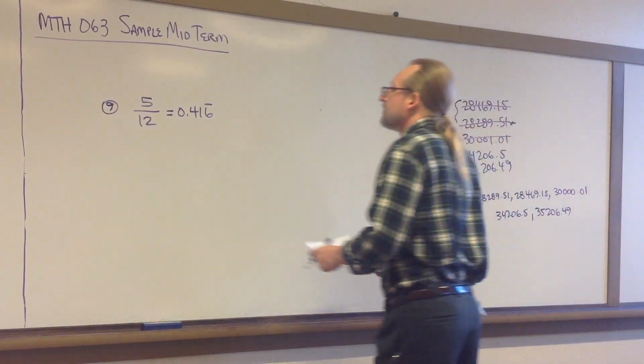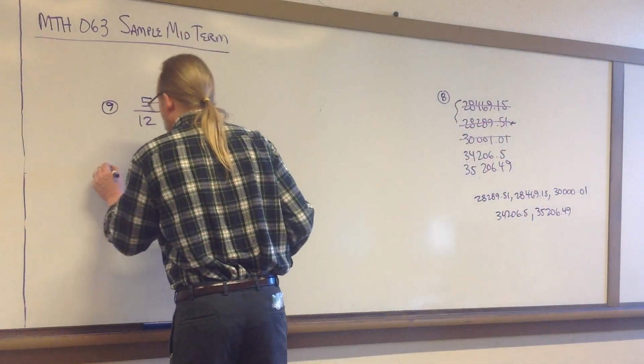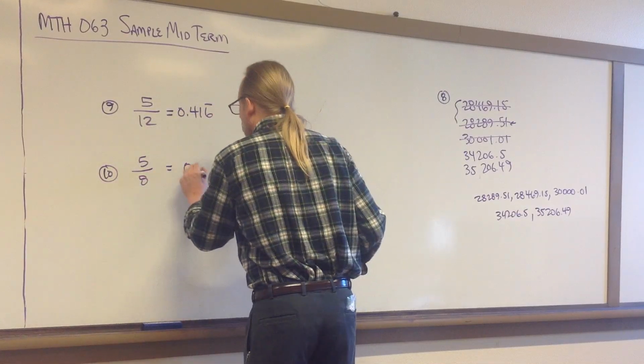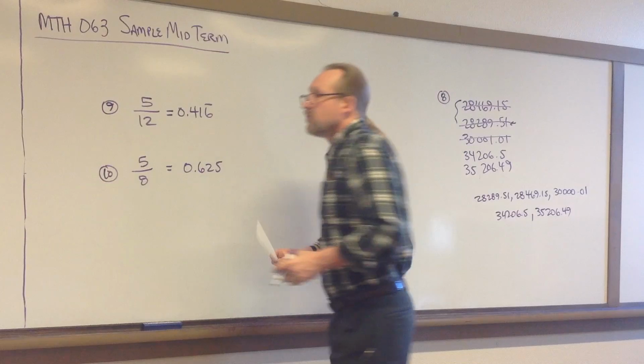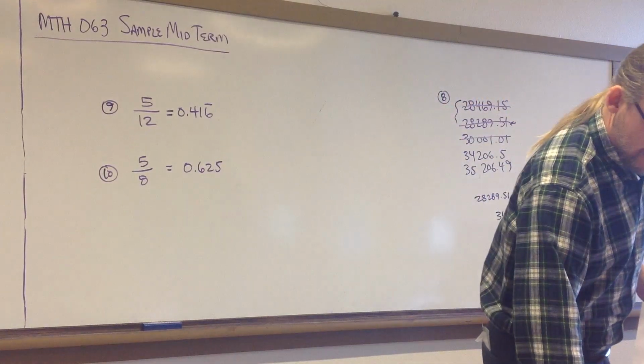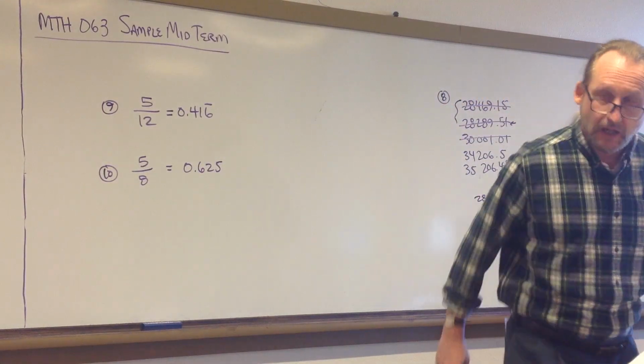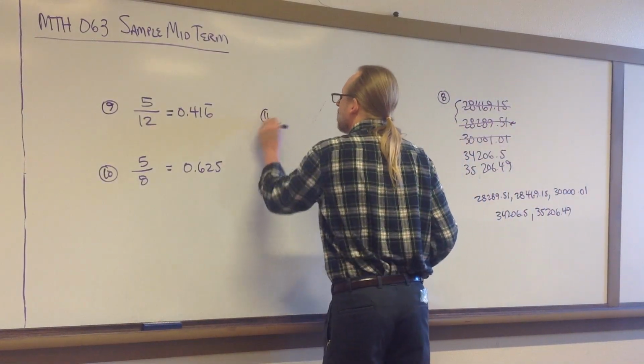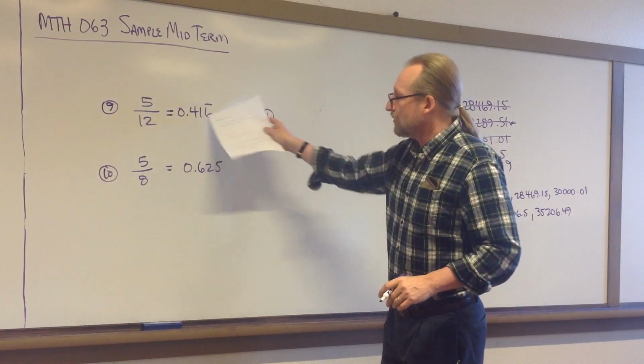Number 10. 5 over 8 is 5 divided by 8, and that one should be 0.625. And don't round these off unless the test asks you to round something off. Otherwise, if it's a repeating decimal, use a bar.